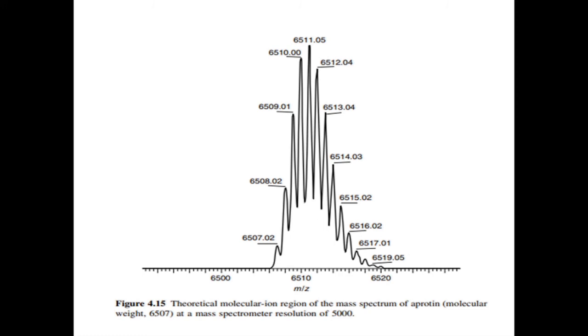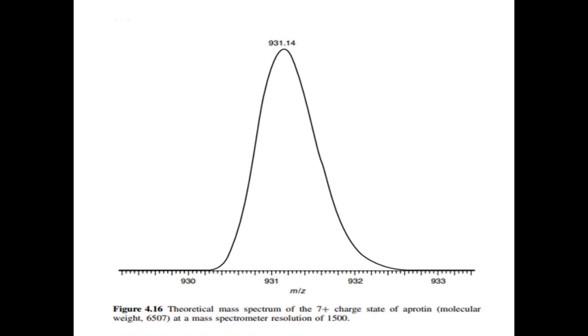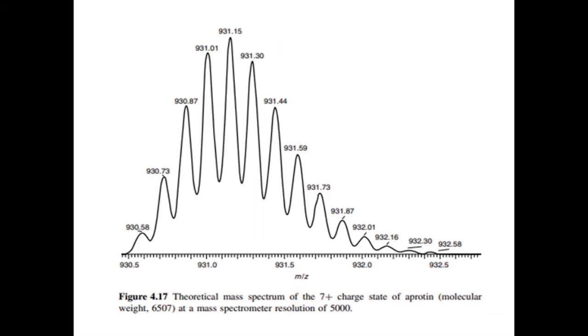Figures 4.16 and 4.17 show the ions from the 7 plus charge state of a protein at resolutions of 1500 and 5000 respectively.